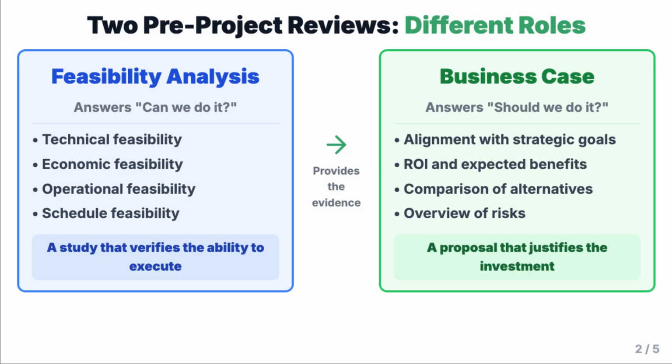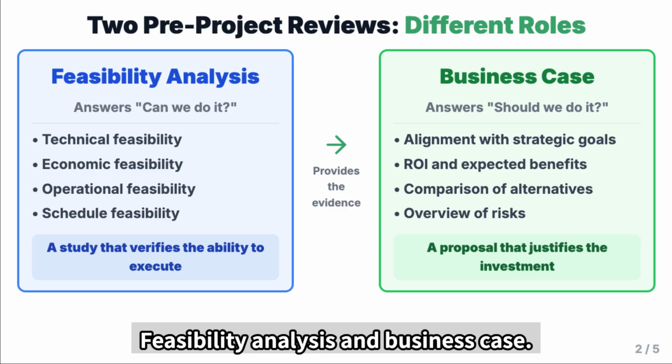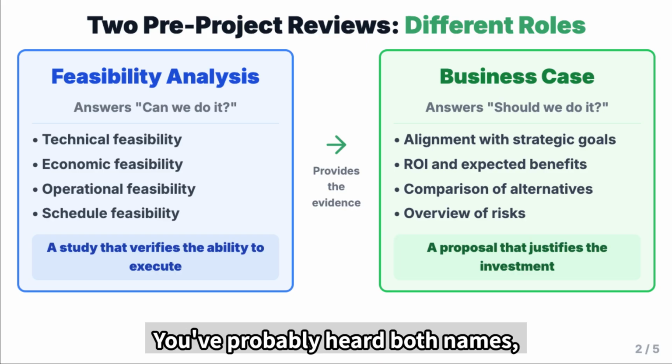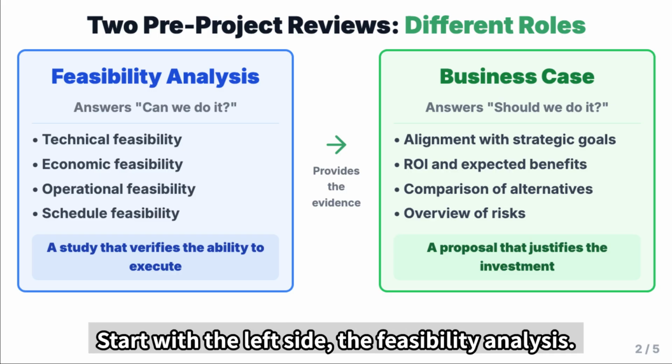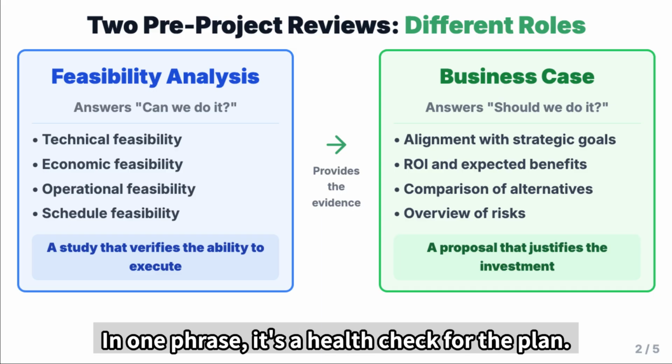2 pre-project reviews, different roles. Feasibility analysis and business case. You've probably heard both names, but what's actually different? Let's sort it out. Start with the left side, the feasibility analysis. In one phrase, it's a health check for the plan.